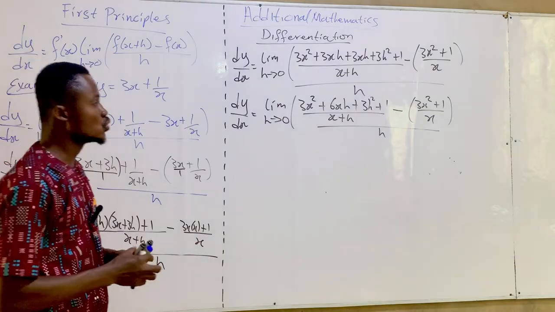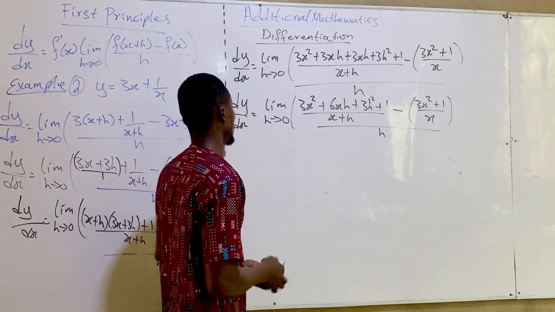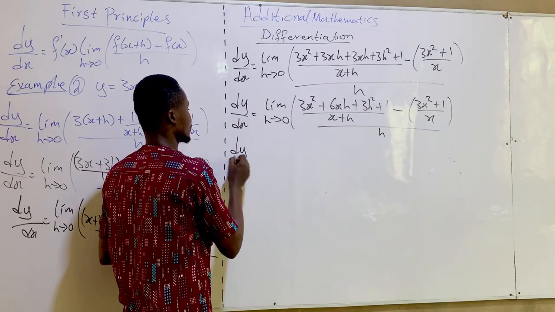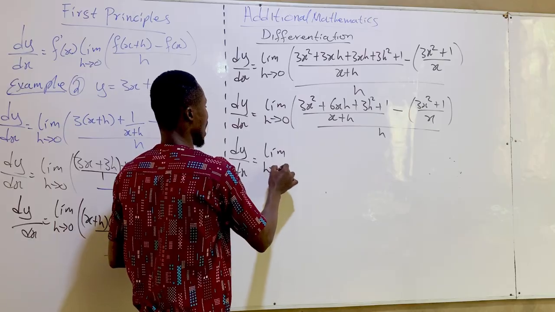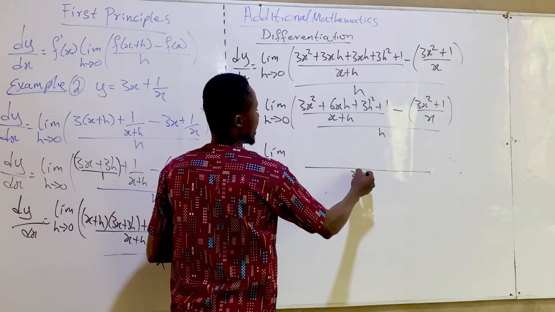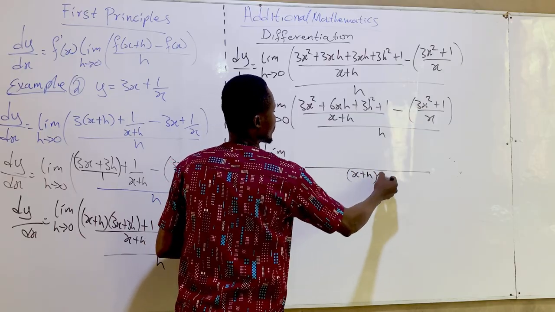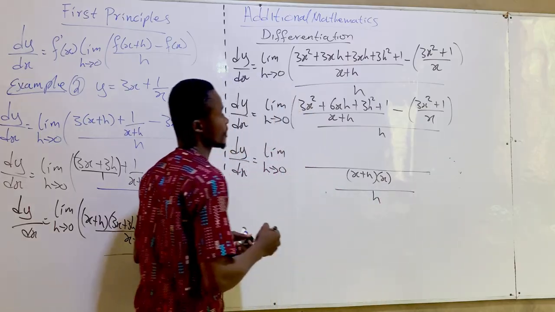The next step is to find the LCM for this and that. So our dy over dx equals the limit h approaches 0. The LCM will be (x plus h) times x, all over h.